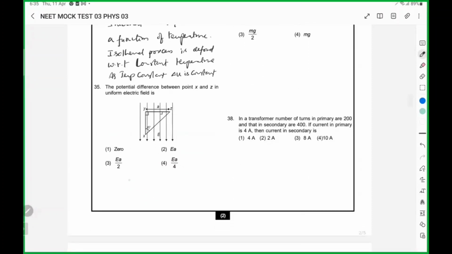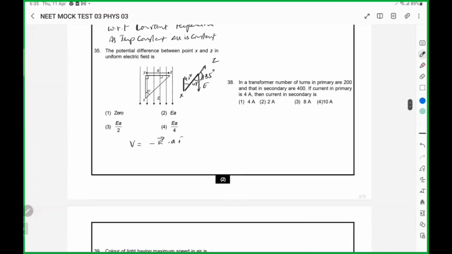Here, potential difference is minus E dot dr. It is 45 degrees in this direction. Here he is asking for the potential difference between X and Z. So this is 45 degrees, this is 135 degrees.